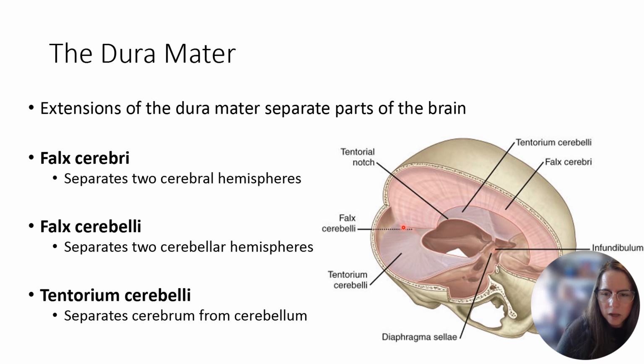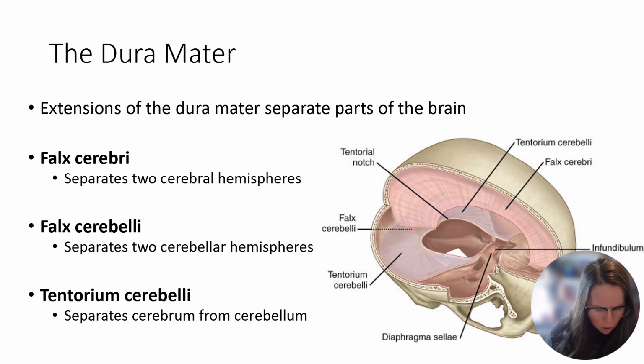We're going to have one that goes, you can kind of see it right here. It's again going to be vertical. This is going to go between your cerebellar hemispheres, and it's called the falx cerebelli. Again, just like a grapefruit section, just kind of separating these things out. And then we have the tentorium cerebelli, which is actually separating the cerebrum from the cerebellum. So these are what that second layer of the dura is doing, is helping create these little sections.